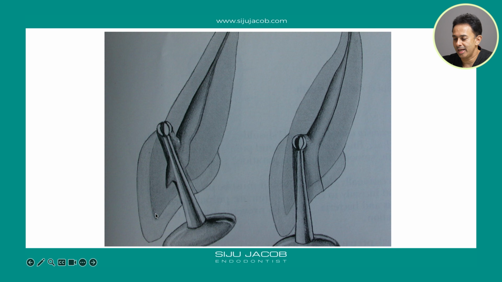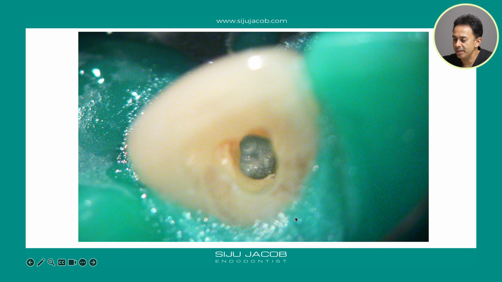So the real access cavity should be along the long axis of the tooth and not from a palatal to labial direction. When we see these cases, clinicians access this tooth from a palatal direction, and the direction of the burr usually takes them labially, and they end up looking for the canal far too labially, when in reality, the canal is usually palatal to where the previous clinician was looking for the canal.